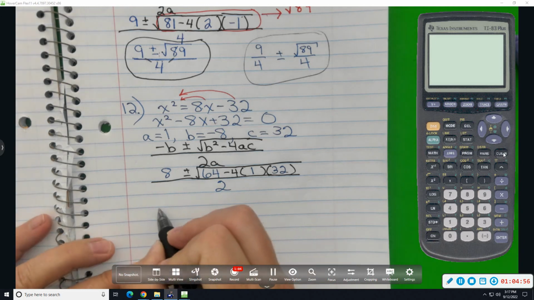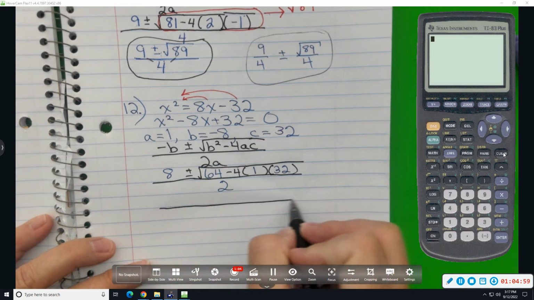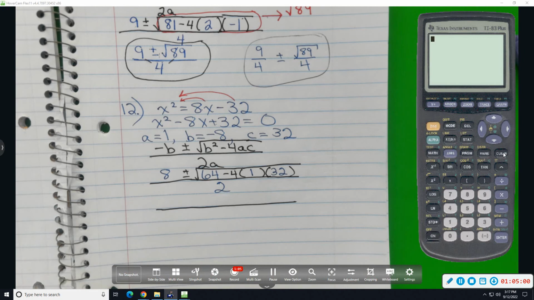Okay, Tony, let's punch the radicand into the calculator. 64. And then a subtract. I'm using this key right here, the blue key. 4 times 1 times 32. That's 64 minus 128, isn't it?